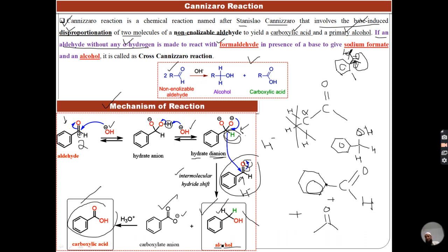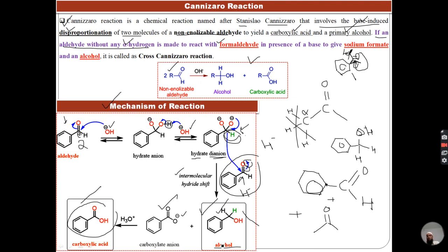So the two non-enolizable molecules. Non-enolizable means those aldehydes which do not contain the alpha hydrogen. If they don't contain the alpha hydrogen, they cannot be converted into the enol, keto-enol type tautomerism, which we have discussed earlier also.